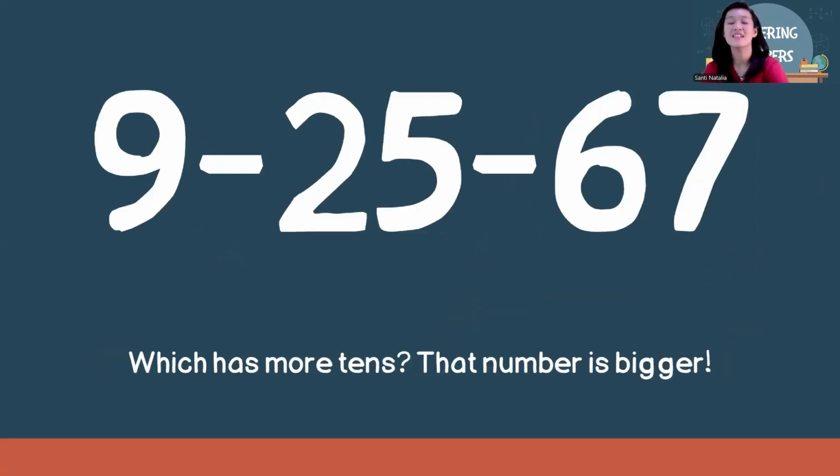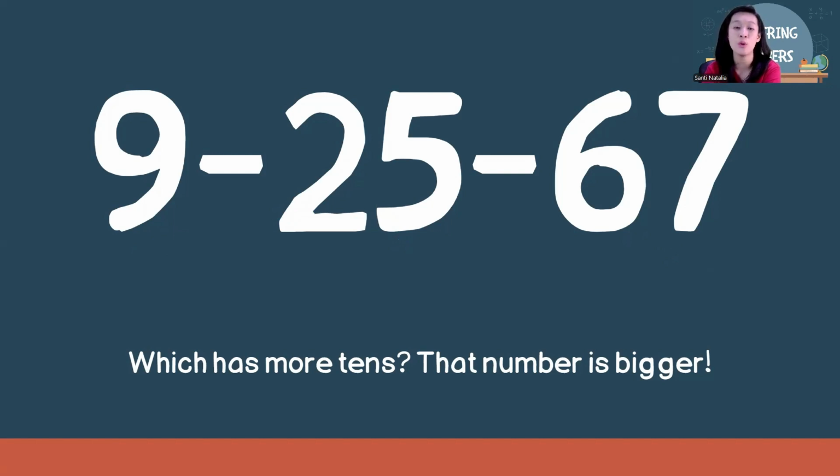Next. 9, 25, 67. Which number is the biggest? You can check from the place value. Number 9 has 9 ones. 25 has 2 tens and 5 ones. 67 has 6 tens and 7 ones.